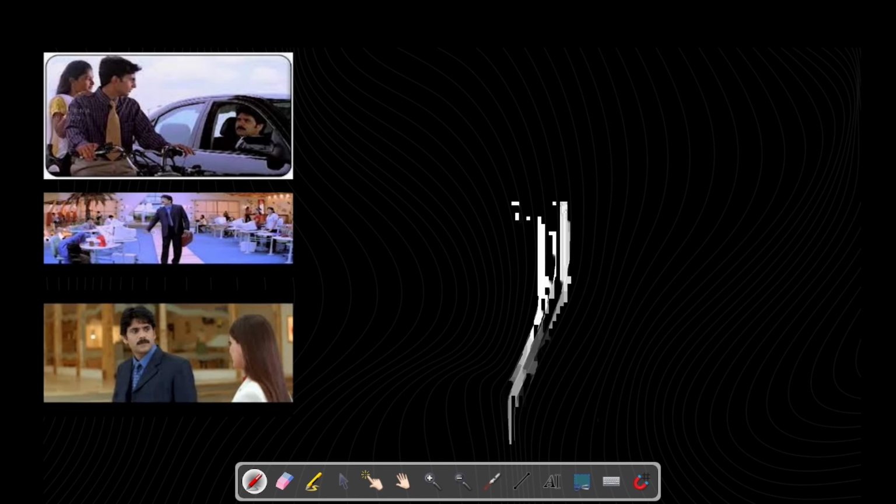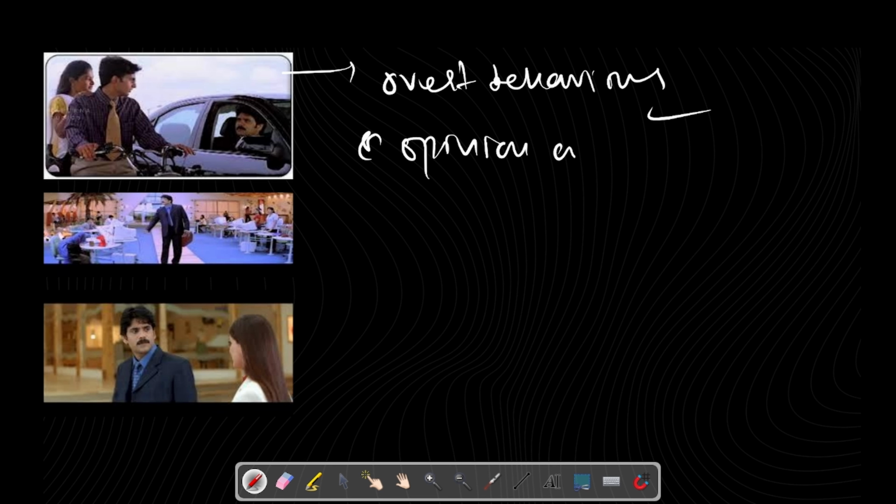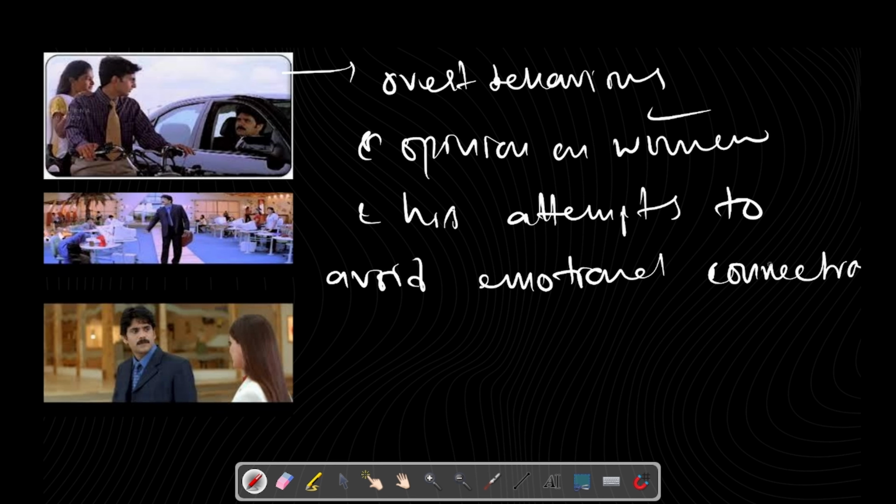Let's see here. You can see his overt behavior and opinion on women, and his attempts to avoid emotional pain, to avoid emotional connection with other women.